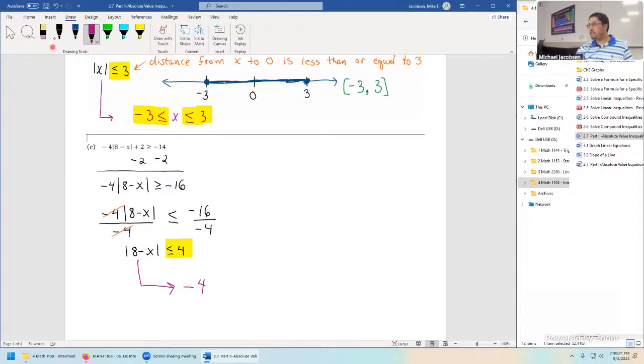We'll go -4 less than 8 minus x, less than +4. The only thing different about the formula where the red dot is versus the problem we just did is this had only x, ours has 8 minus x, but it doesn't matter what's inside here. Whatever is where the red dot is, place it in the middle, and you're doing the right algebra.